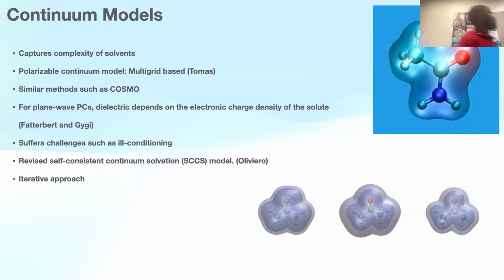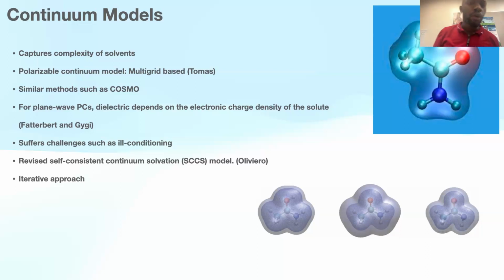So you have your system exposed to a wet environment, then you introduce a cavity around it. That cavity distinguishes between the wet environment, if this is water, and the system that you have inside, which is a quantum mechanical system.